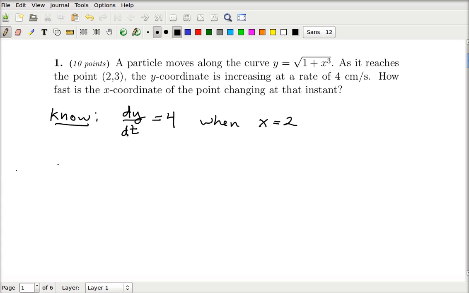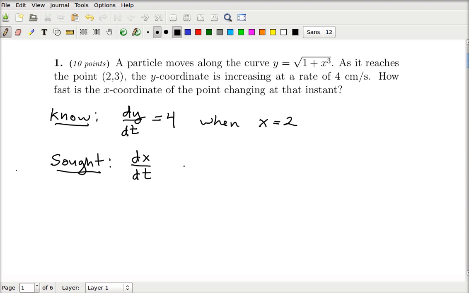In these related rates questions, you always want to relate two rates, right? So we want to relate the rate we know to the rate we don't know. So what is the rate that's being sought here? The rate that's being sought is dx/dt. This is a function, right? But we don't need to know the whole function.